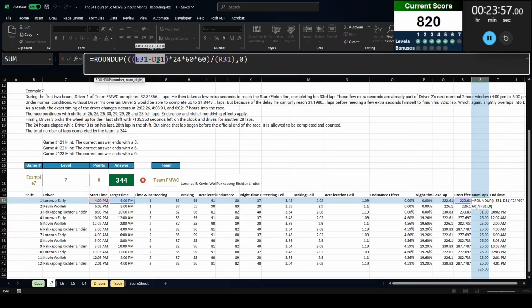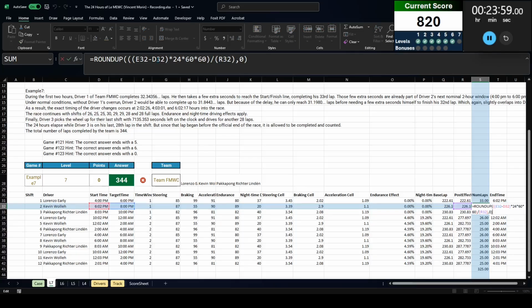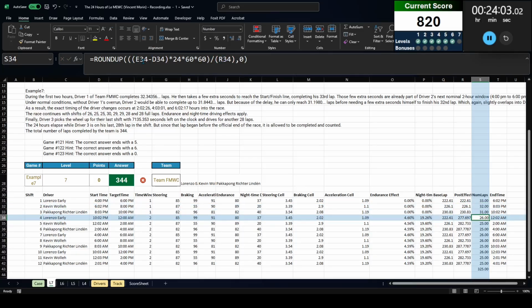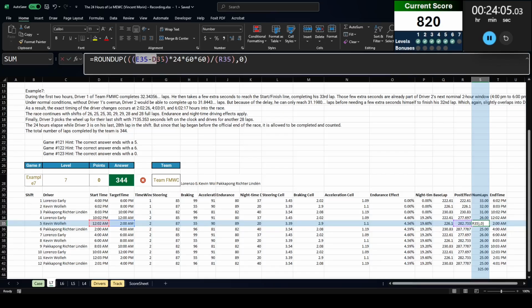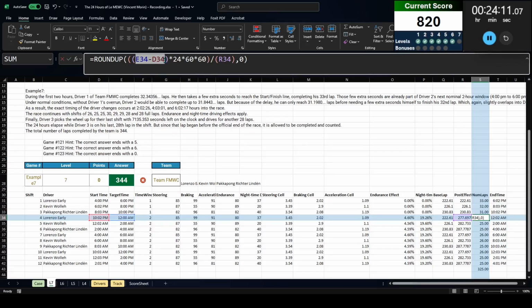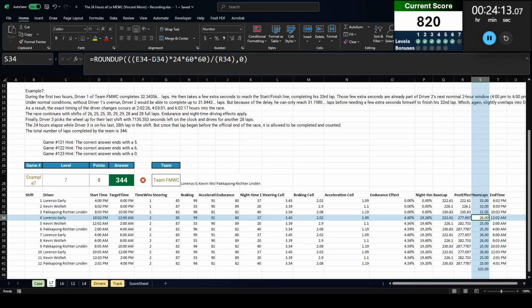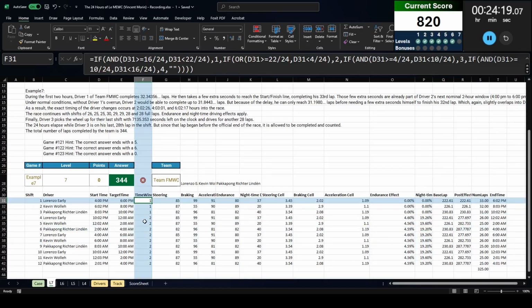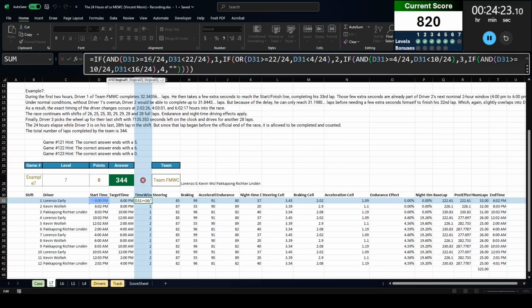I'm wondering if what's happening is something around this day turnover, but no, that looks like it's all working properly. Oh, something's wrong here. They should not all have this nighttime effect. What's happening here?